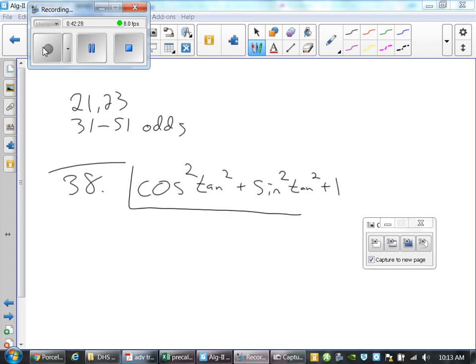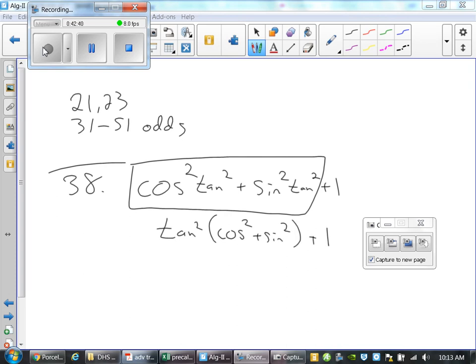If I'm looking at just this grouping here, what do they have in common? What's cosine squared plus sine squared? 1.